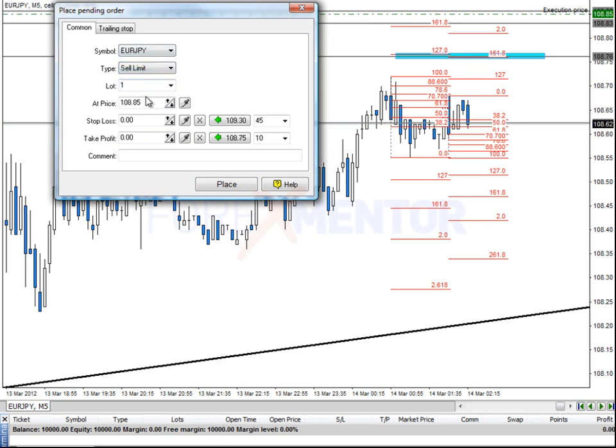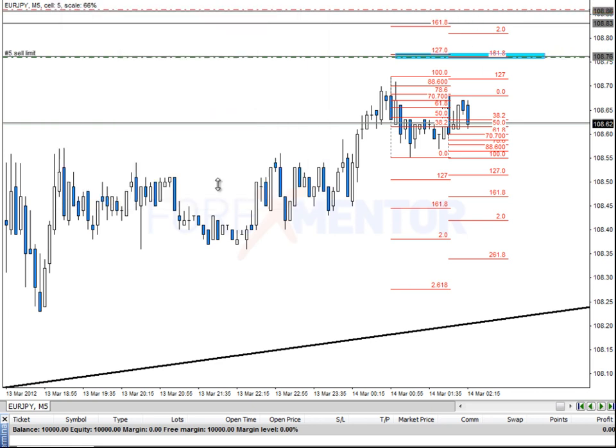Sell limit at 108 spot 76, and a stop loss 10 pips above that at 86. So literally very small pattern, very small stop loss, and I'll place that in there.